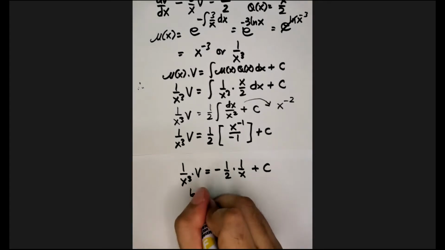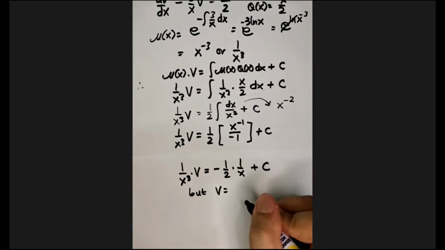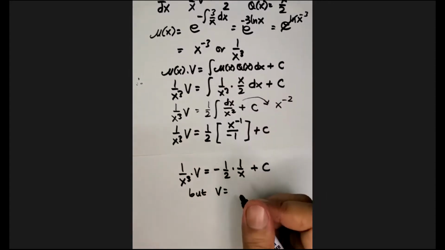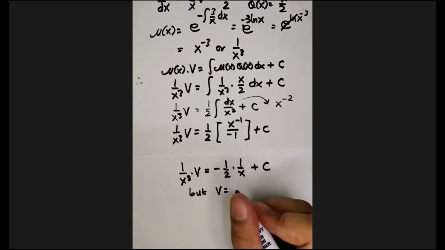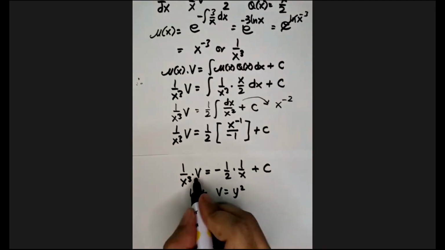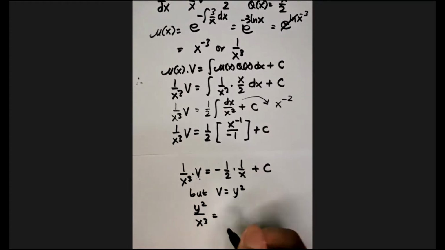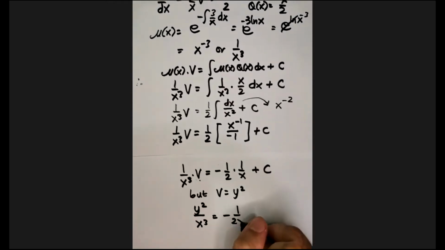Okay, but babalik na natin v. What's our v? Saan ang v? Hindi ko makita. Ito pala. So v is y squared. So substitute natin siya dito. So therefore, y squared over x cubed is equal to negative 1 over 2x plus c.